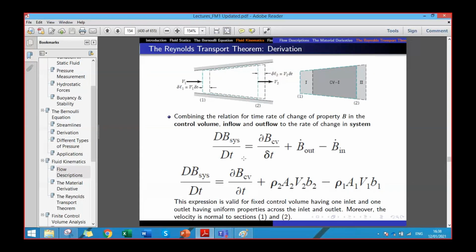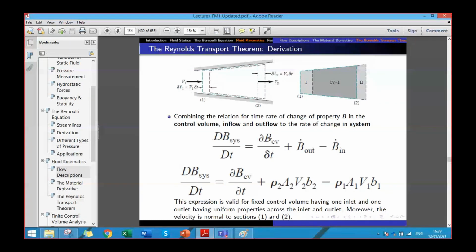अब ये बता क्या रहा है कि जो भी चेंज सिस्टम के अंदर आ रही है, what is happening inside the system depends on 3 factors. Rate of change within the control volume with respect to time, the unsteady effect, the partial by partial t term, this first term, and what is going out of the control volume and what is coming into the control volume, right? At which rate?